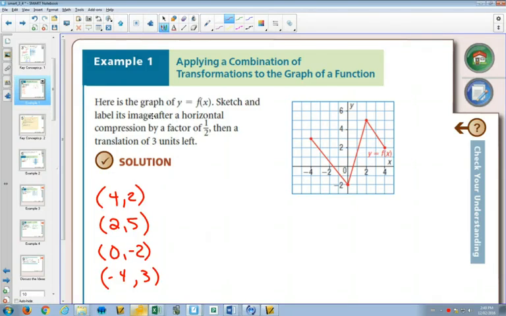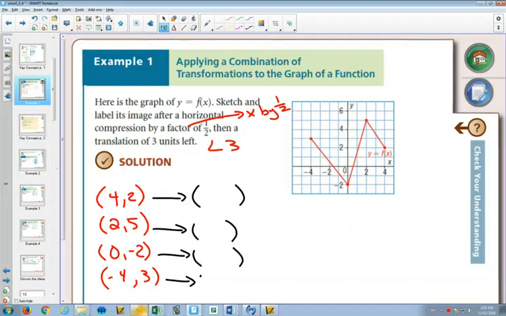This time we want to look after a horizontal compression by a factor of 1/2. So that's horizontal. This means that we're going to multiply our x values by 1/2, and then 3 to the left after that. Again, since both of those affect x, we'll do it in 2 steps.